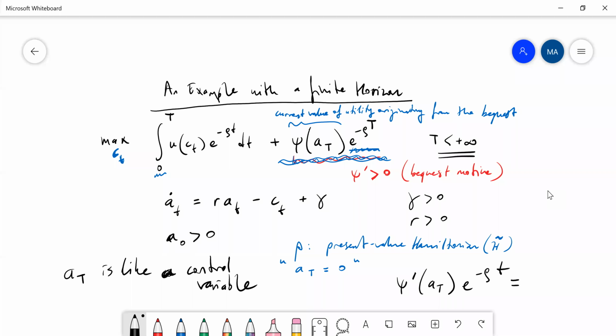If it is 0, then I would hold an infinite amount of it. But we said that A_T equals 0. No, not here. So it will be the other version. Here, the consumer has the bequest motive. This derivative is positive.